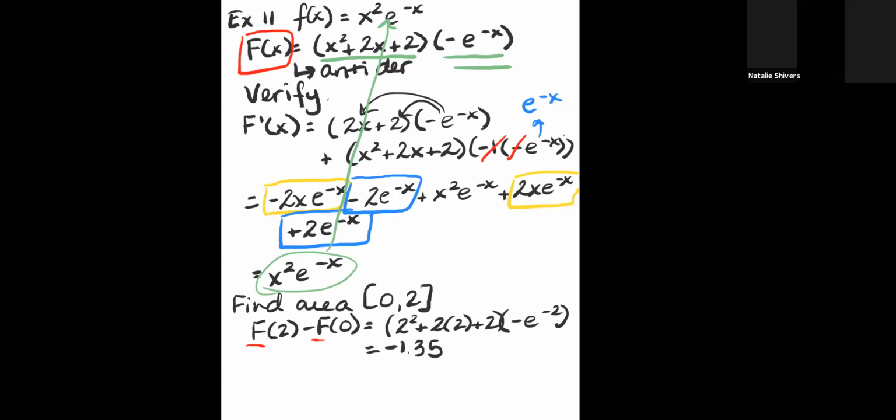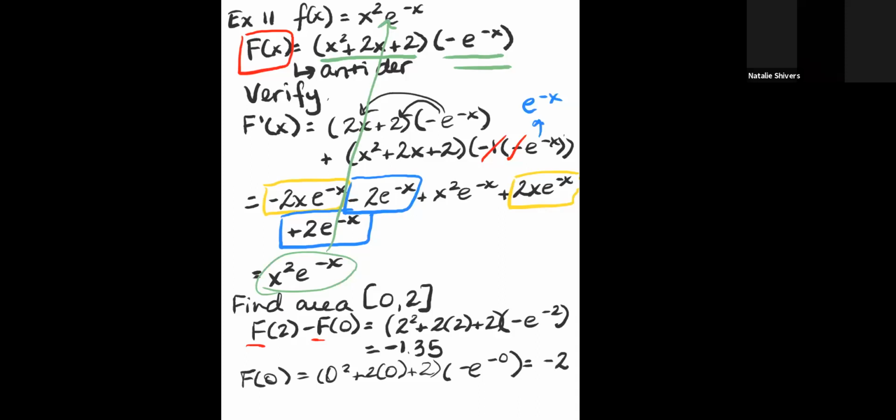All right, when I do it for 0, I get 0 squared plus 2 times 0 plus 2 times negative e to the negative 0, which gives me negative 2.